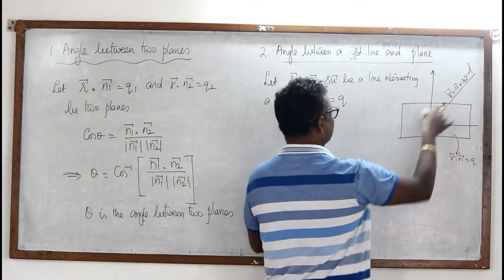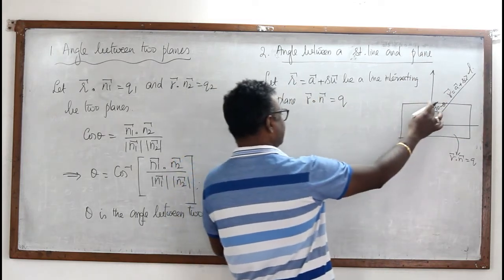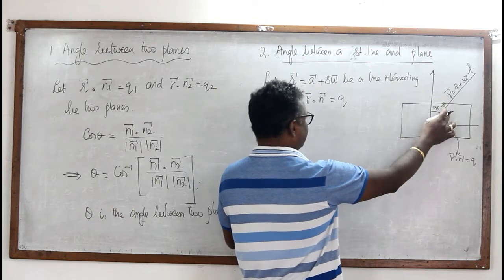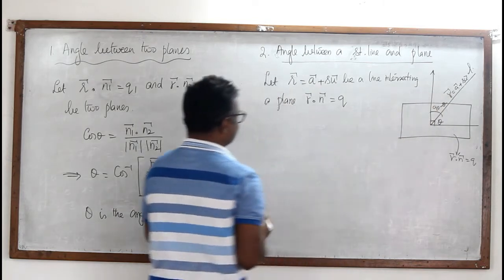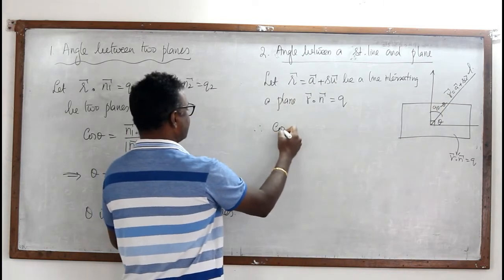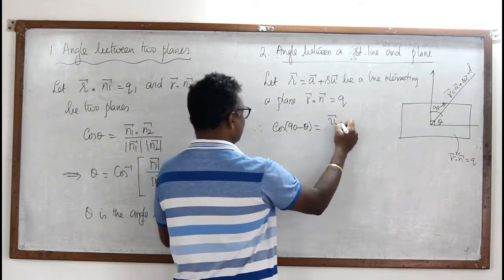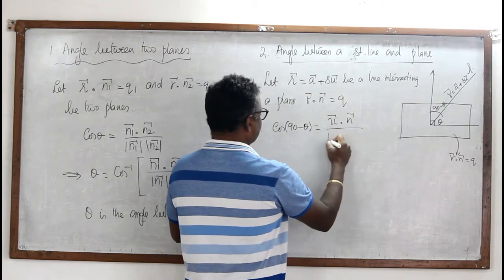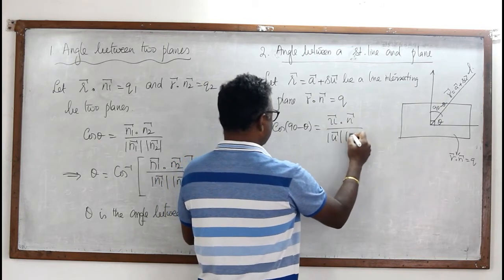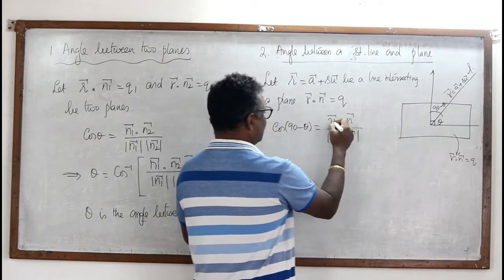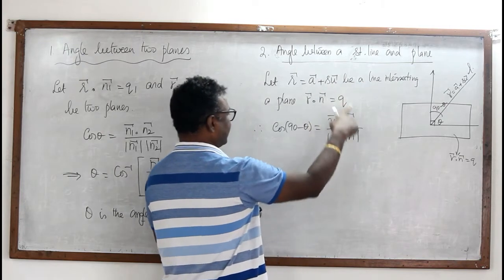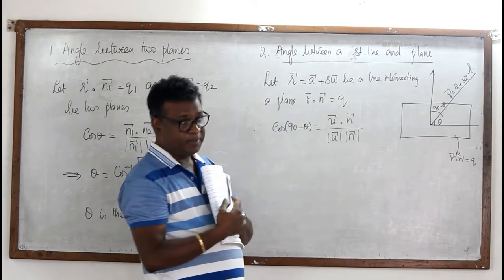Then the angle between the plane and the line is given by the angle between these two vectors. Therefore, cos of 90 minus theta equals u dot n vector by modulus of u into modulus of n vector, where u is the vector in the straight line and n is the normal vector of the plane.